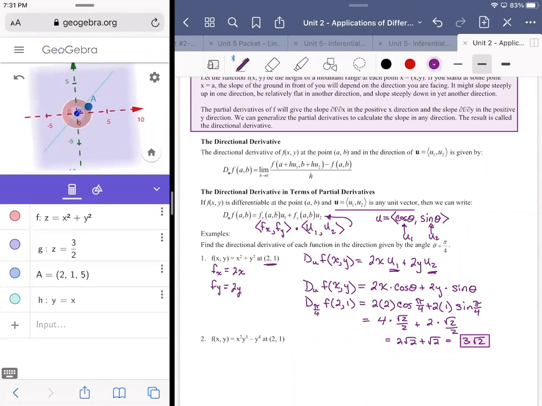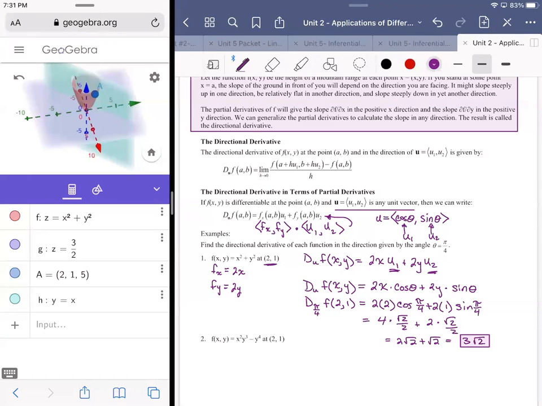So if I follow this path, that's going to intersect the surface of the curve, the surface forming a curve, right? At that point, what I would be doing is following the path that's generated by the intersection of that plane created by y equals x.